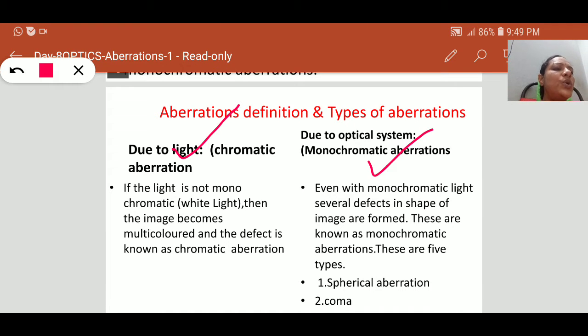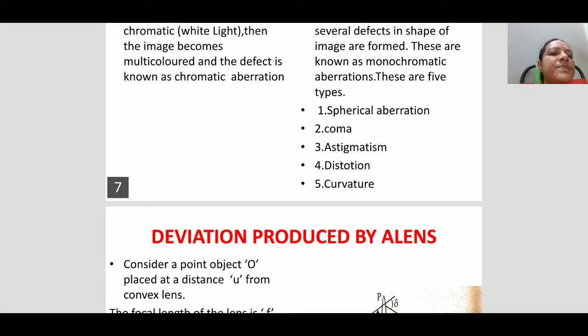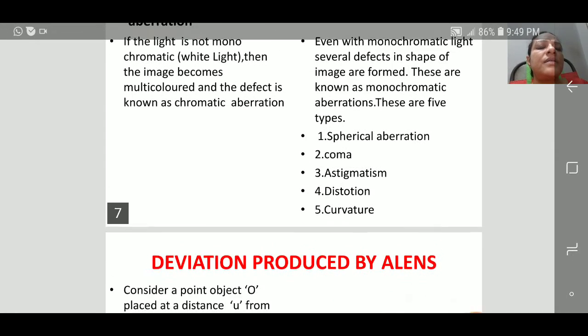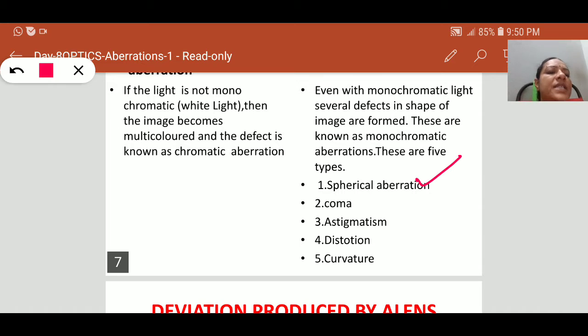Again, these monochromatic aberrations are of 5 types. Those are spherical aberration, coma, astigmatism, distortion and curvature.